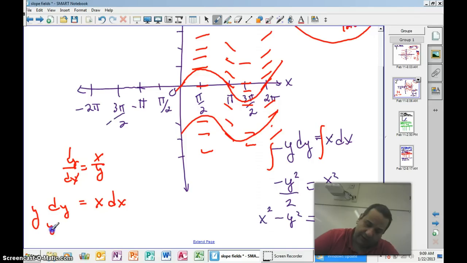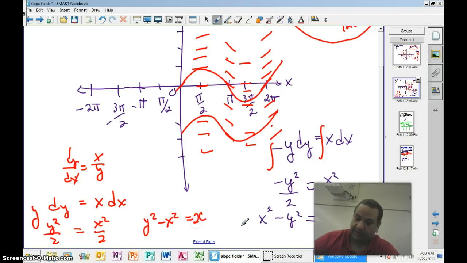So you're going to get y squared over 2 equals x squared over 2, subtract, you'll get y squared minus x squared equals some constant times 2, and that's where you get some type of hyperbola or something like that.